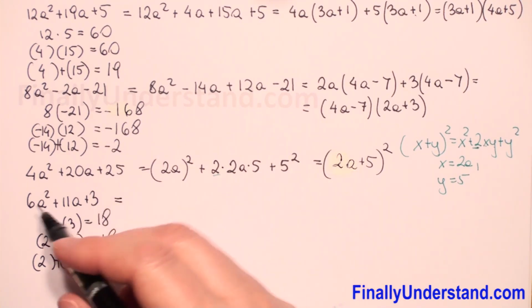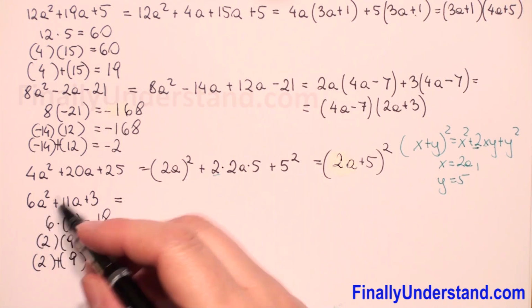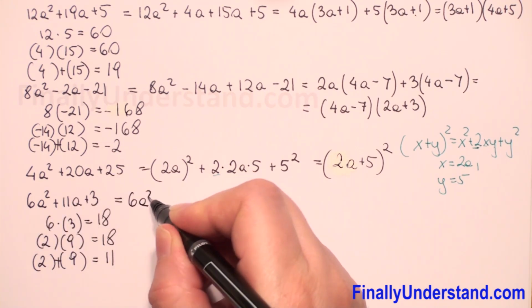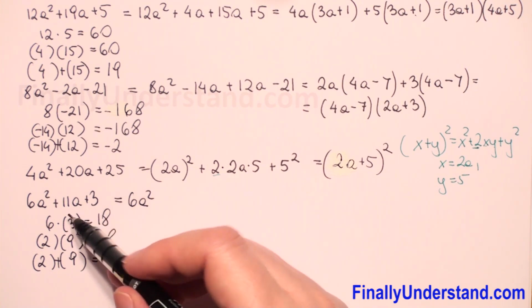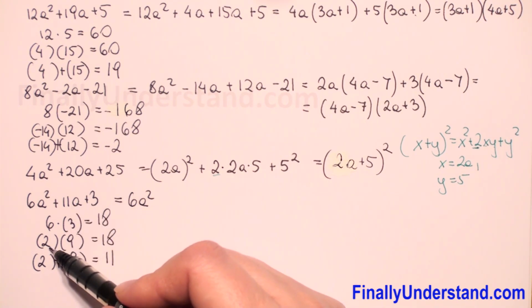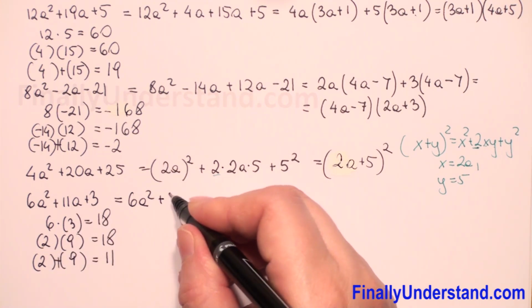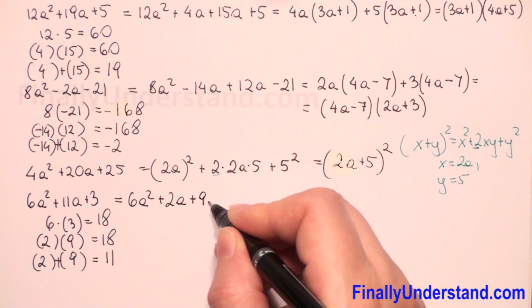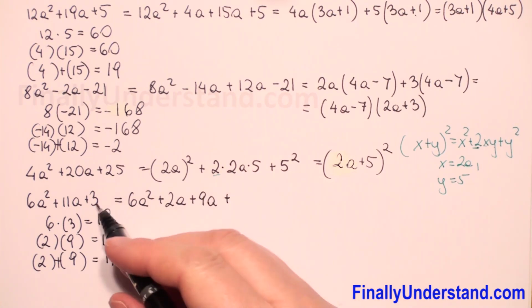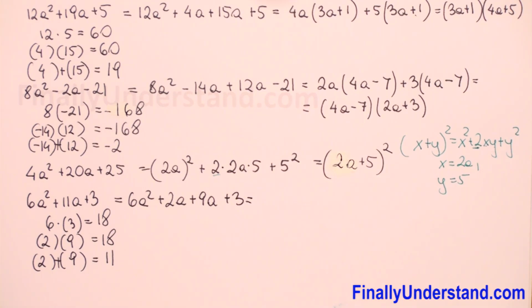So now we can rewrite our quadratic trinomial. 6a squared we copy, and next 11a we can rewrite using these two numbers, so it will be plus 2a plus 9a, and we add the constant, so this is equal.